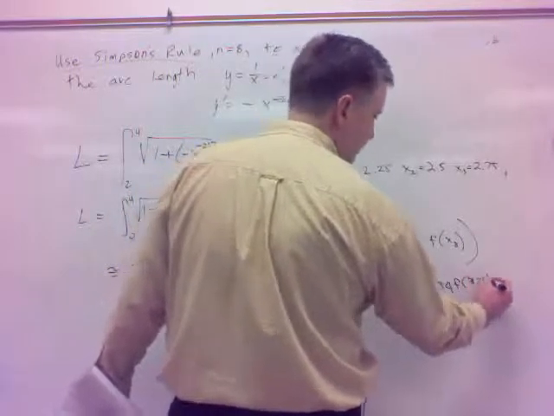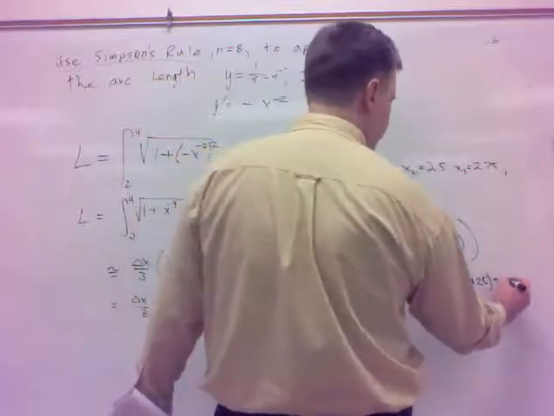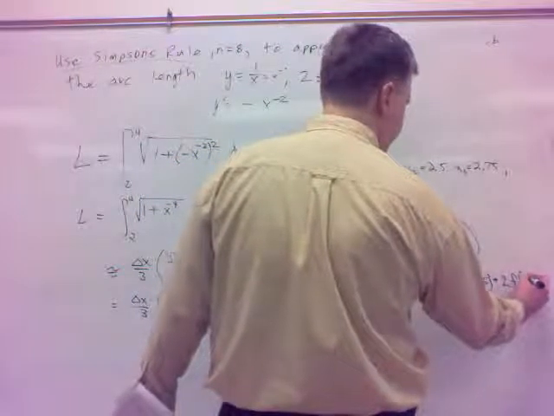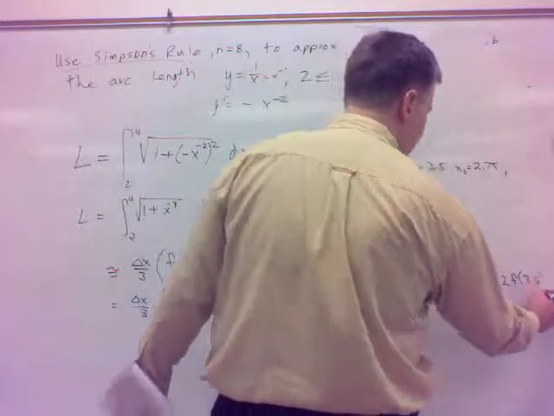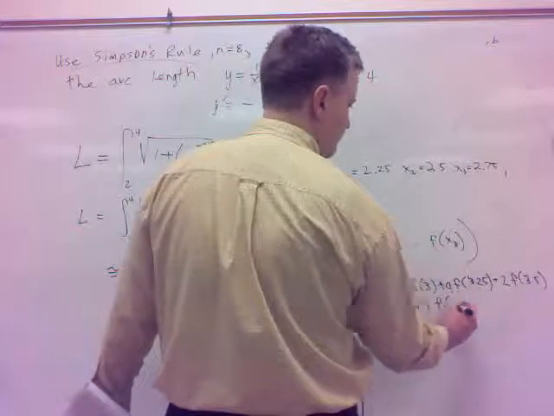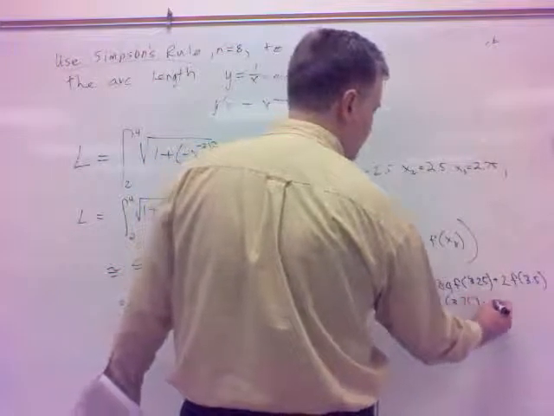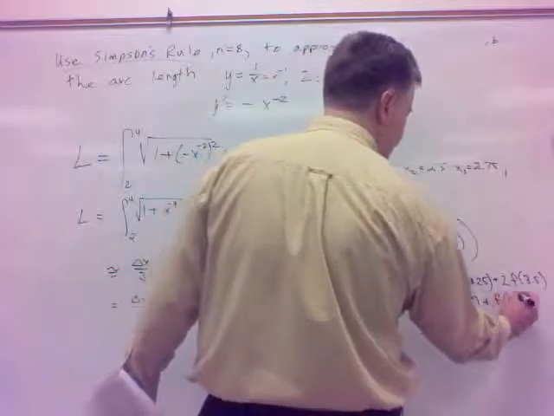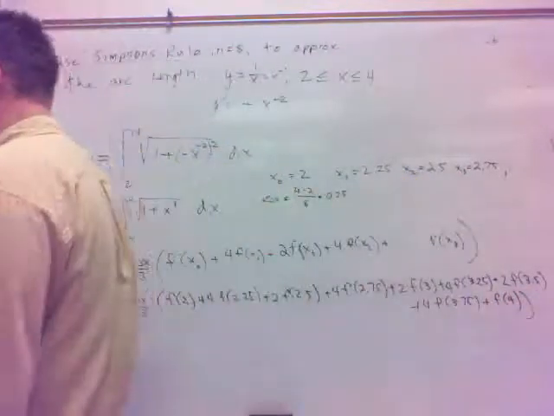I like to write them all out so I can see. 2 f of 3.5 and 4 f of 3.75, and then last, f of 4. We're going to use that to approximate.